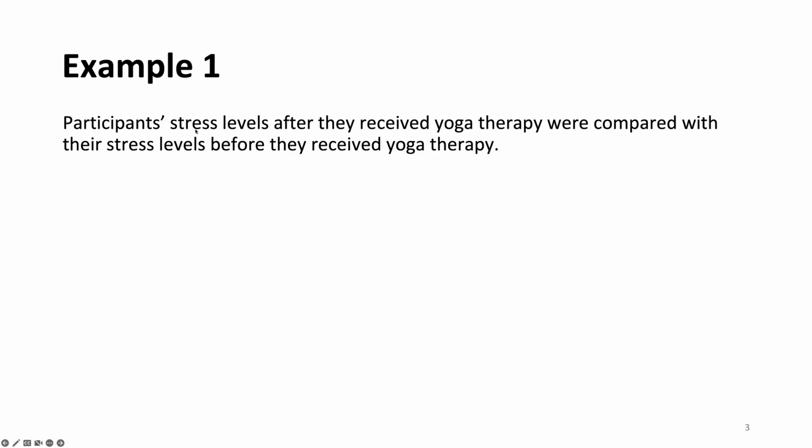So we have participants' stress levels. This is what we're interested in. This is our dependent variable because we're measuring it. So dependent variables, stress levels. And then we're looking at after and before they have this yoga therapy. So you can see here, we are not talking about different groups.